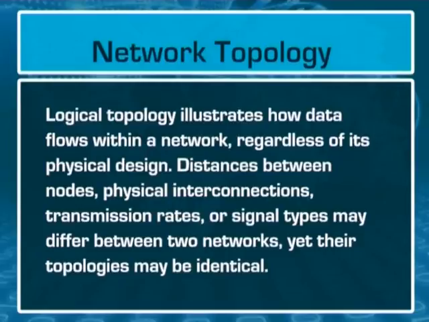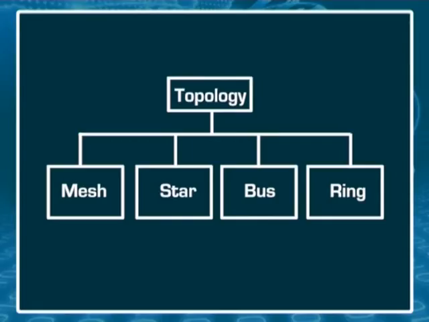Distances between nodes, physical interconnections, transmission rates, or signal types may differ between two networks, yet their topologies may be identical. There are 4 basic topologies possible: mesh, star, bus and ring, as shown in the figure. Let us discuss them one by one.